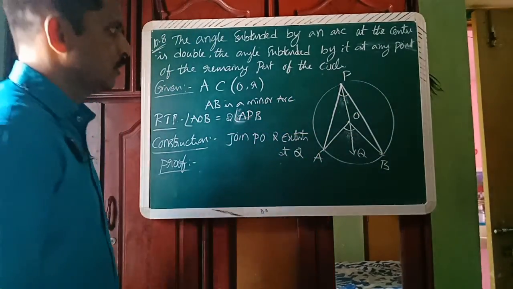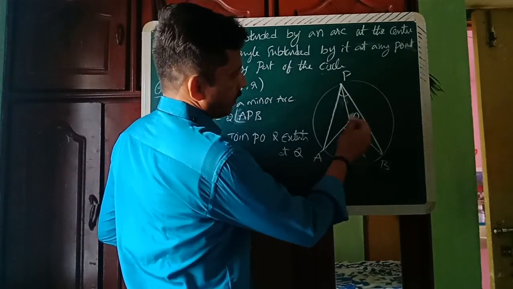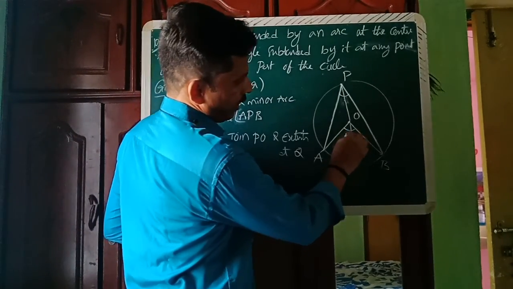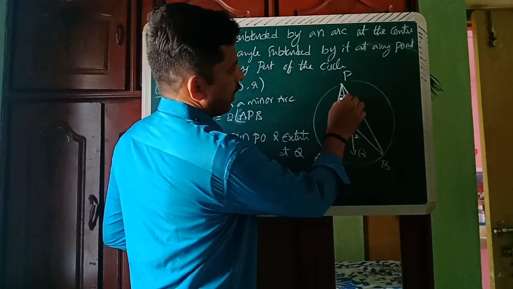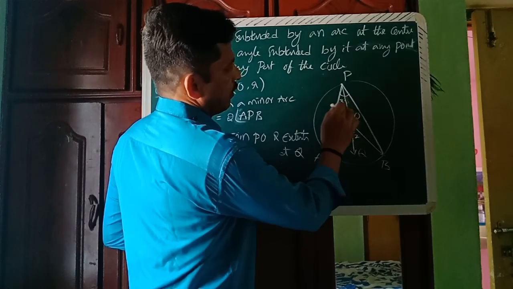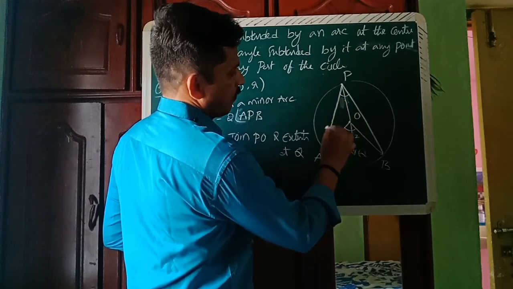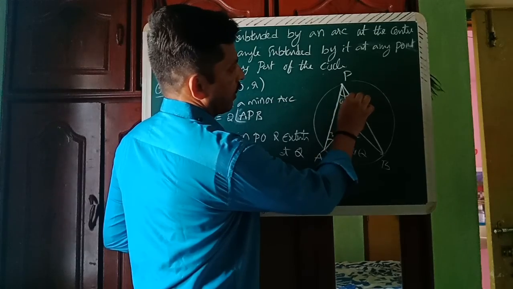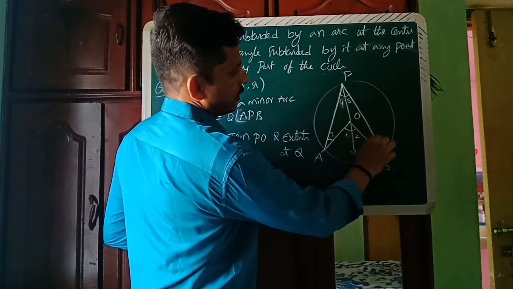Let us suppose this is angle 1, this is angle 2, this is angle 3, this is angle 4, this is angle 5, this is angle 6.